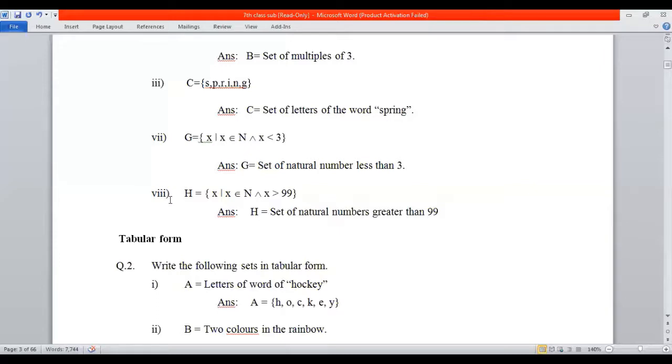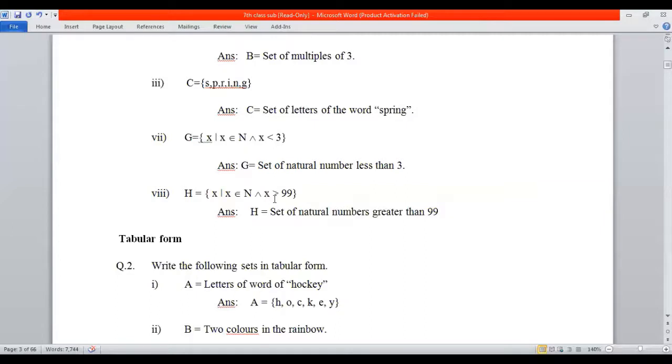Now come to the eighth part. In the eighth part we have given H is equal to X such that, this symbol is called such that, X belongs to, again capital N means natural numbers, and this inverted V type symbol is used for and. Now look, this is the greater than symbol. If you compare with the previous one, that was the less than symbol and this one is for greater than.